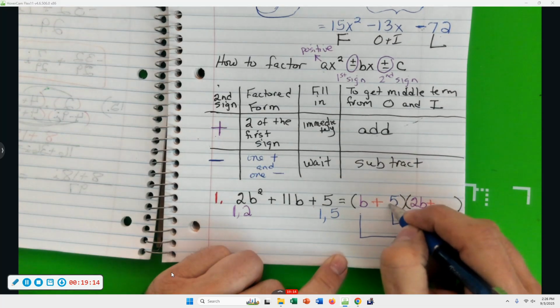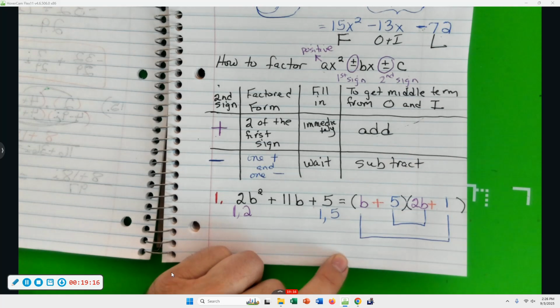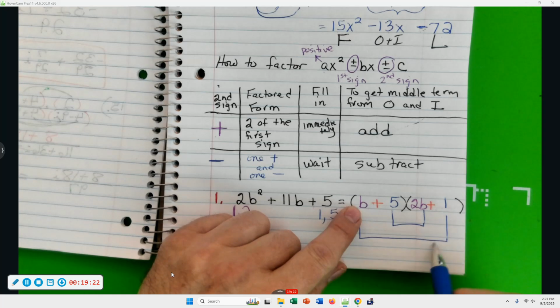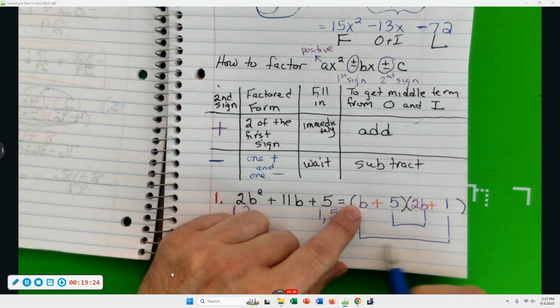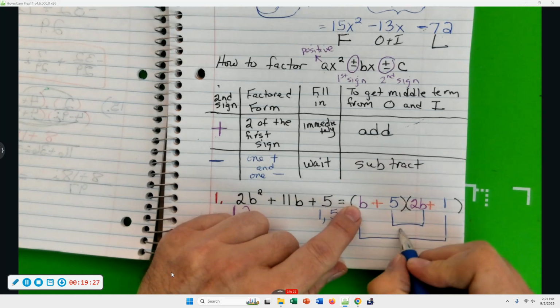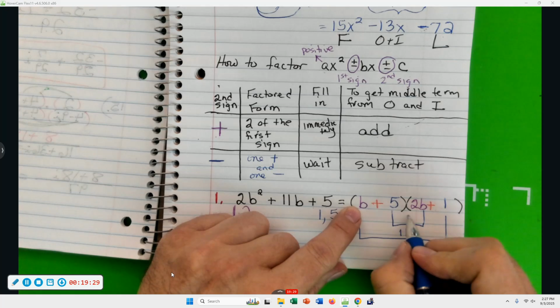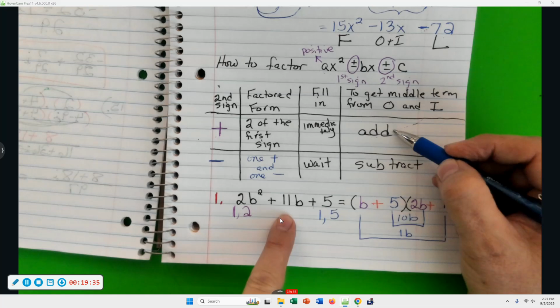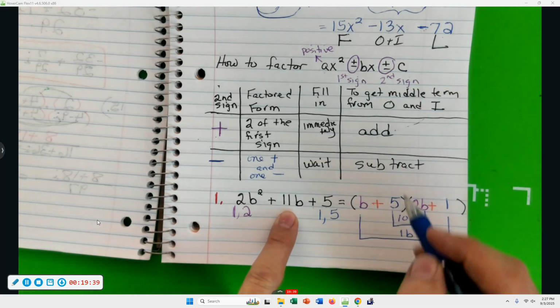If I put the 5 there and the 1 there, is that going to give me 11? Outer would be 1b. The inner would be 10b. Do they add together to give the middle term? Yes. I've got it correct. This is the factored form.